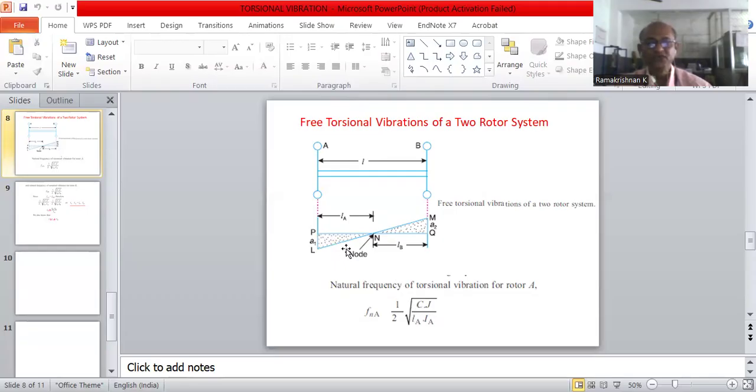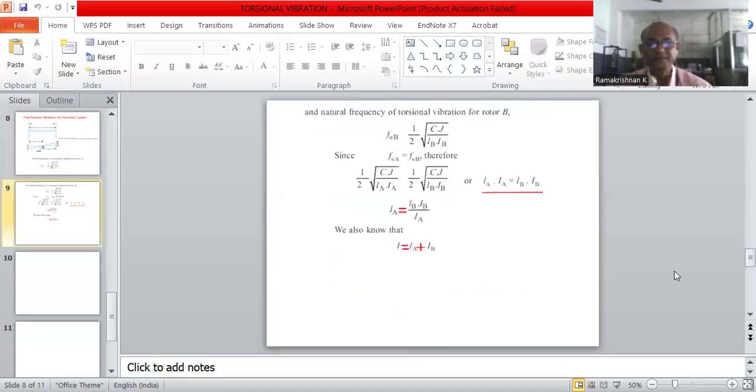Considering the portion LA, LA is the distance of the node point from the end A, and LB is the distance of the node from the end B. For rotor A, Fn A equal to 1 by 2π into square root of CJ divided by LA into Ia. For rotor B, Fn B equal to 1 by 2π into square root of CJ by LB into Ib.